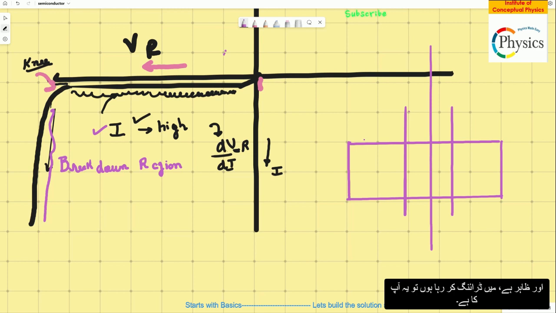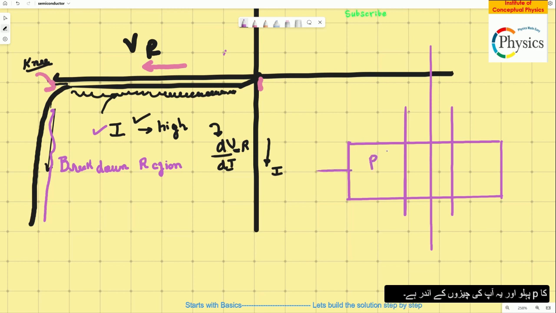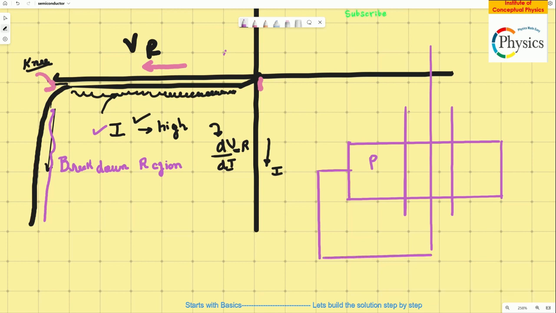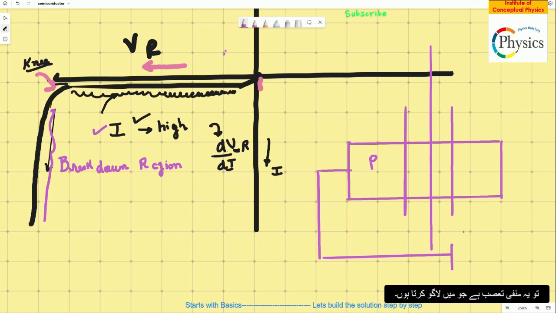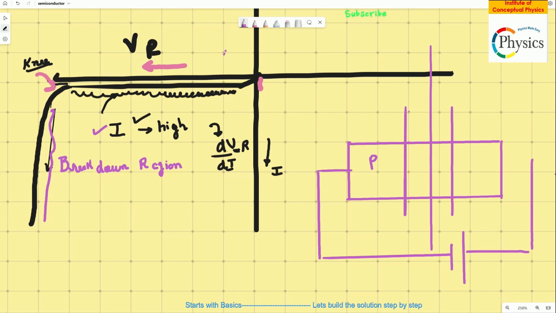So this is your P side of things, and this is your N side of things, right? So I'm going to make it negatively biased. So this is the negative bias I apply, and the negative bias is what matters. So I'm telling you the circuit.